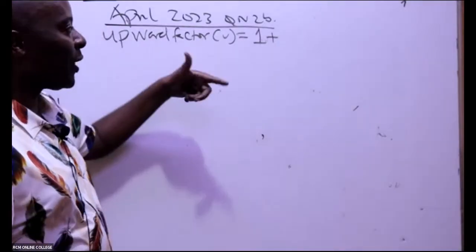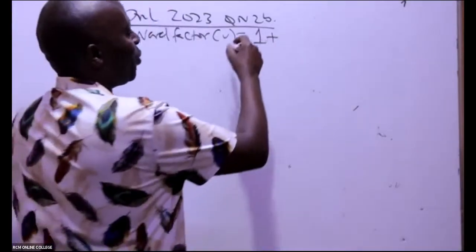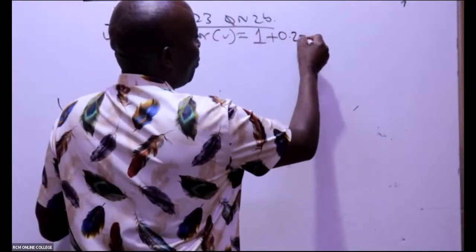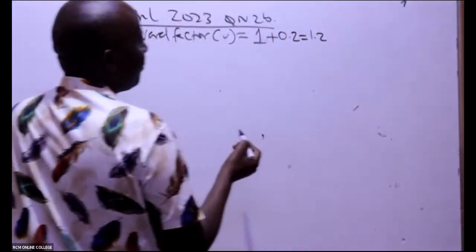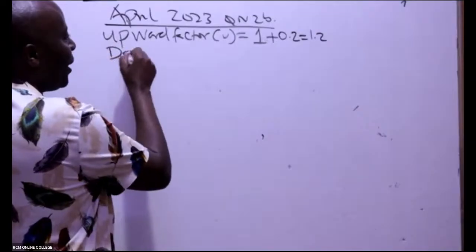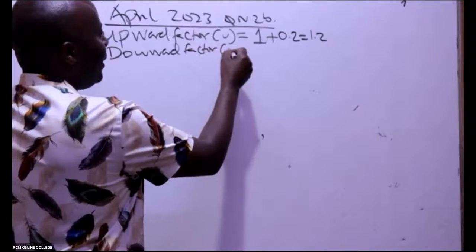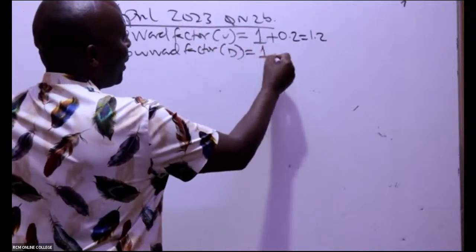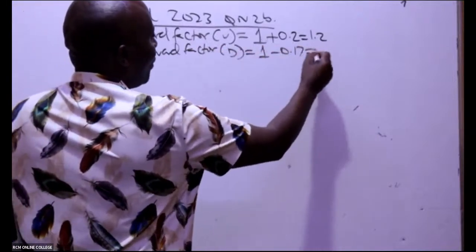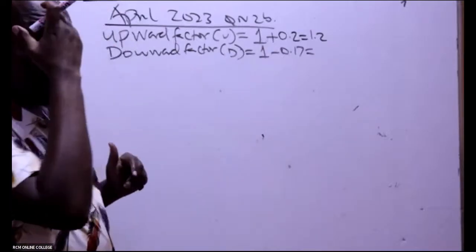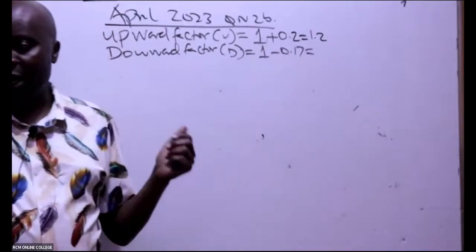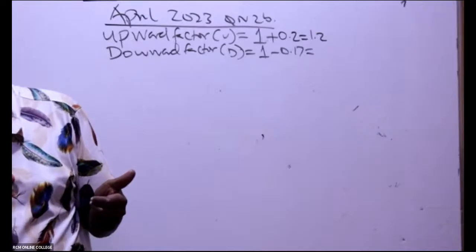So the upward factor U is 1 plus 0.2, which is 1.2. And then we have the downward factor, D. Here the price is going down by 17%. So our D will be equal to what, somebody?